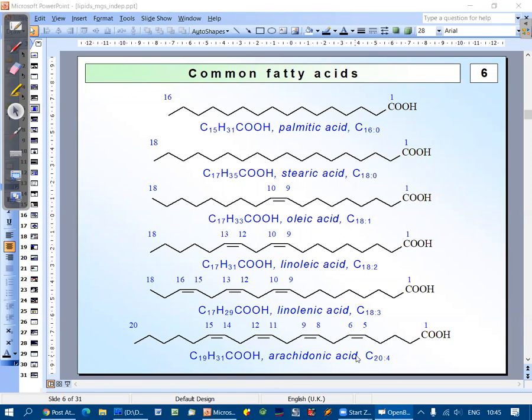While in arachidonic, only 3, as you can see, and it has 4 pi bonds in its structure.